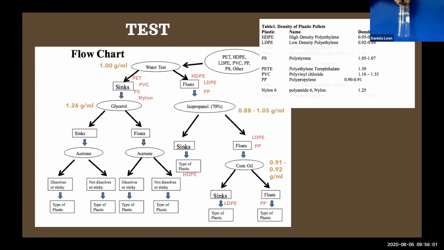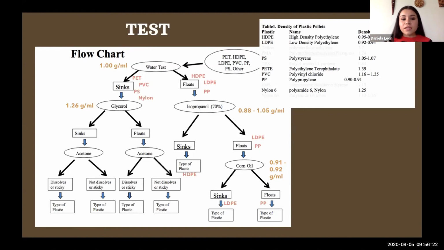So the one that will sink will be low density polyethylene, and the one that will float will be polypropylene. So we have completed half of our table, taking into account those plastics that have lower densities than water. Now we can proceed to those that are heavier.